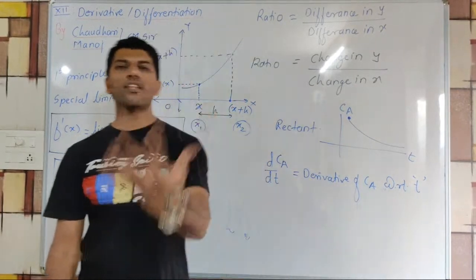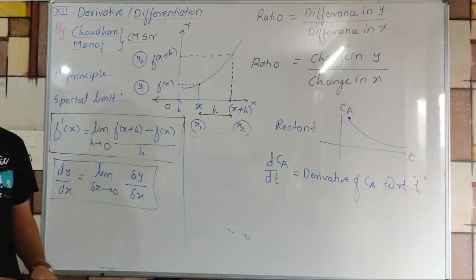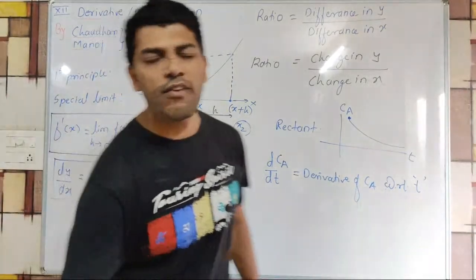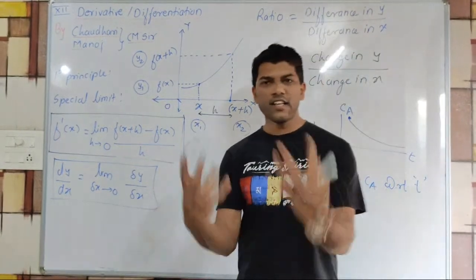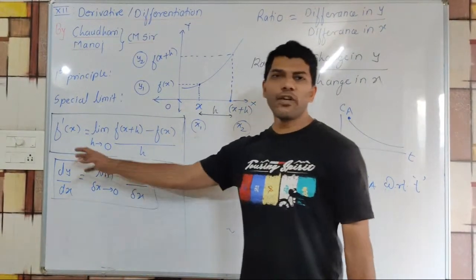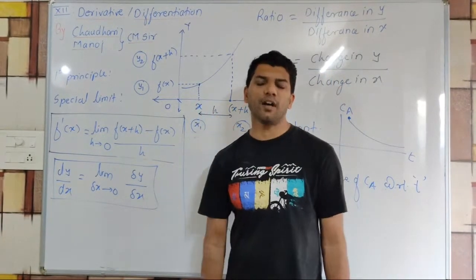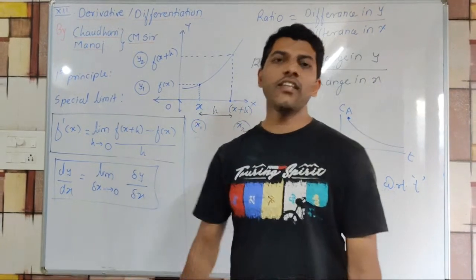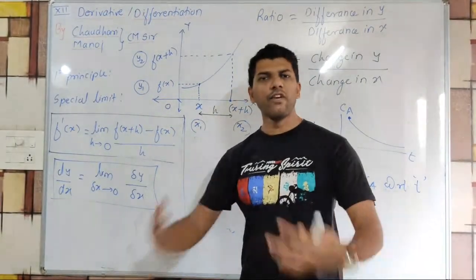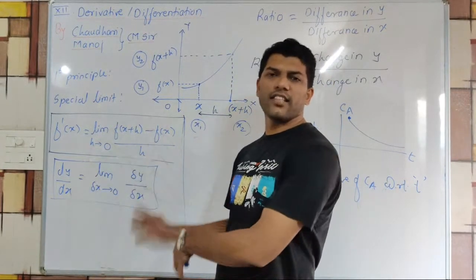So I hope you got this concept of the derivative. This is what is actually in your textbook. But the textbook never tells you the real story about the concept. Why do we hate mathematics? It's because we don't know where exactly it is applicable. We don't know the exact application of mathematics. That's why we hate calculus, because we never like these kinds of formulas.